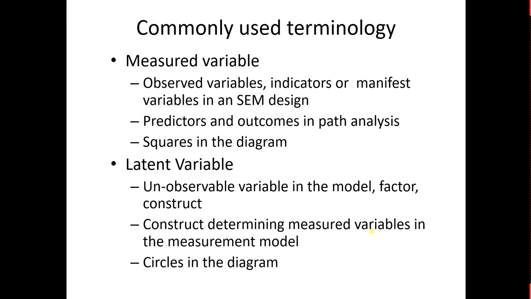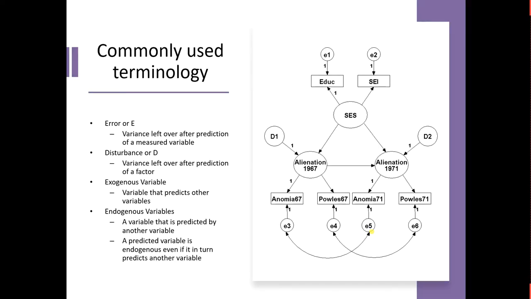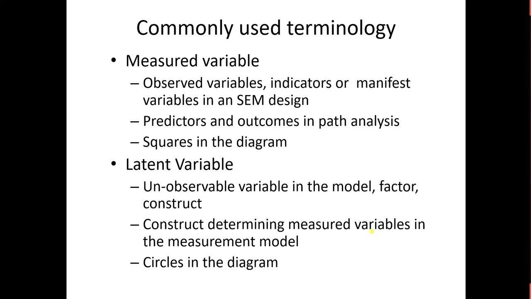Say intelligence. Intelligence is a latent variable which is reflected in such indicators or observed variables like reasoning, working memory, etc. So, latent variables are basically unobserved variables.